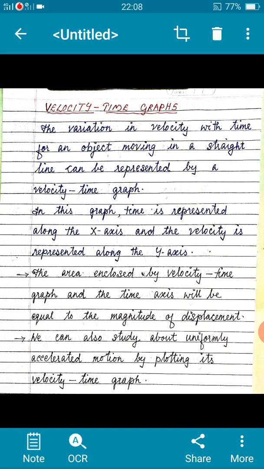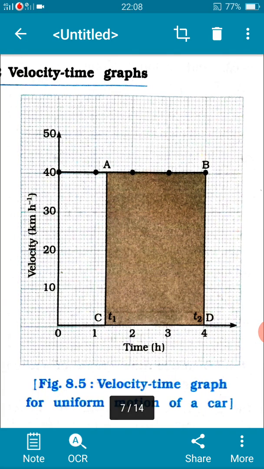If the object moves at uniform velocity, the height of its velocity versus time graph will not change with time, and it will be a straight line parallel to the x-axis. See this graph here: as the time passes, the velocity remains the same.